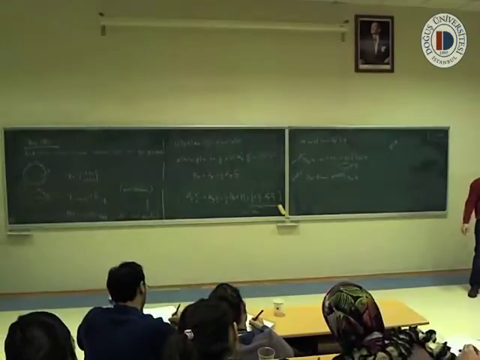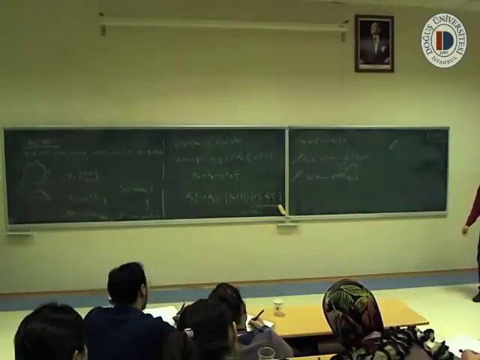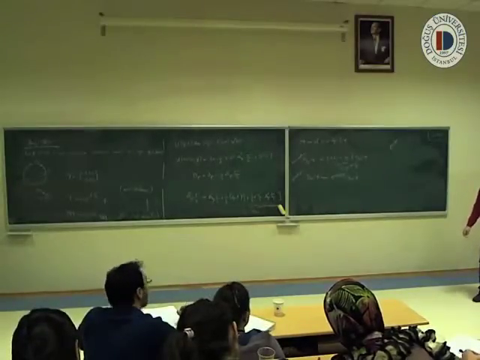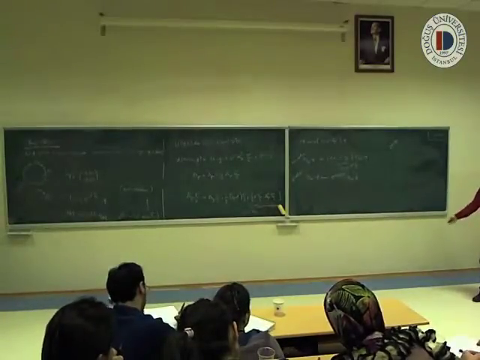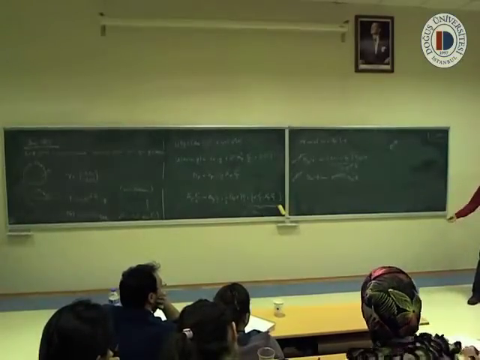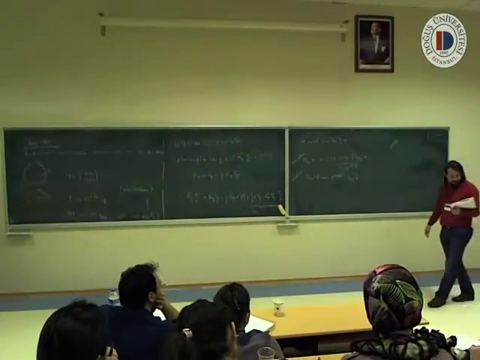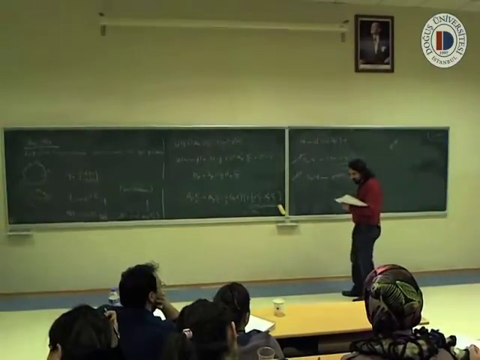Yes, for the abelian case, but for non-abelian, this is going to be complicated. But I'm sure it can be done, and you will maybe mention this. I didn't do it myself. I'm lazy.